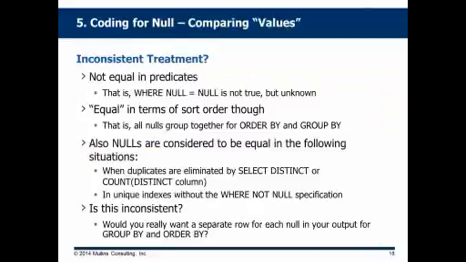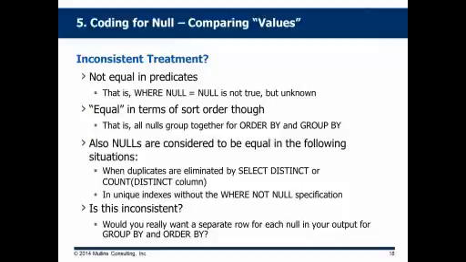Comparing values, you might get confused and say it's a little bit inconsistent, because a null never equals a null in predicates. When both sides of an equality predicate are null, it's unknown because there's a lack of value. However, nulls are treated as equal for sort order. So they sort and group together in order by and group by statements.